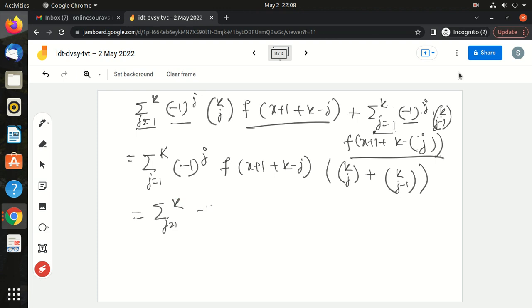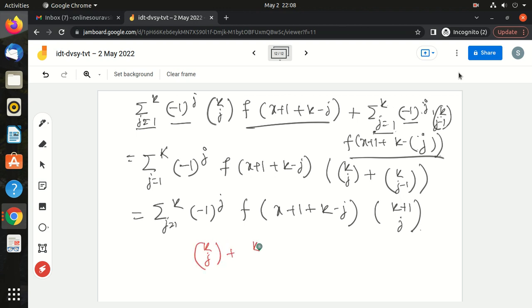K minus j, f of x plus k plus 1 minus j. So bracket closed, it is k plus 1 choose j. This is the identity I am using: k choose j plus k choose j minus 1 equals k plus 1 choose j.